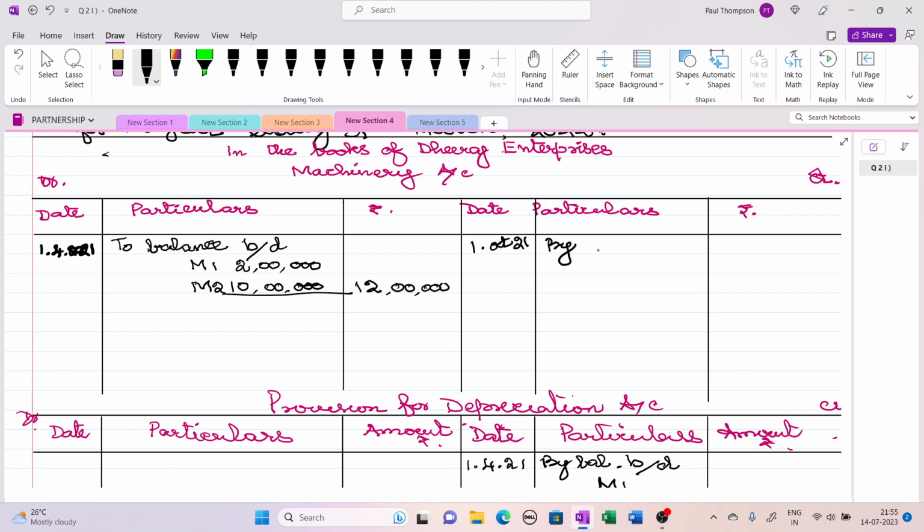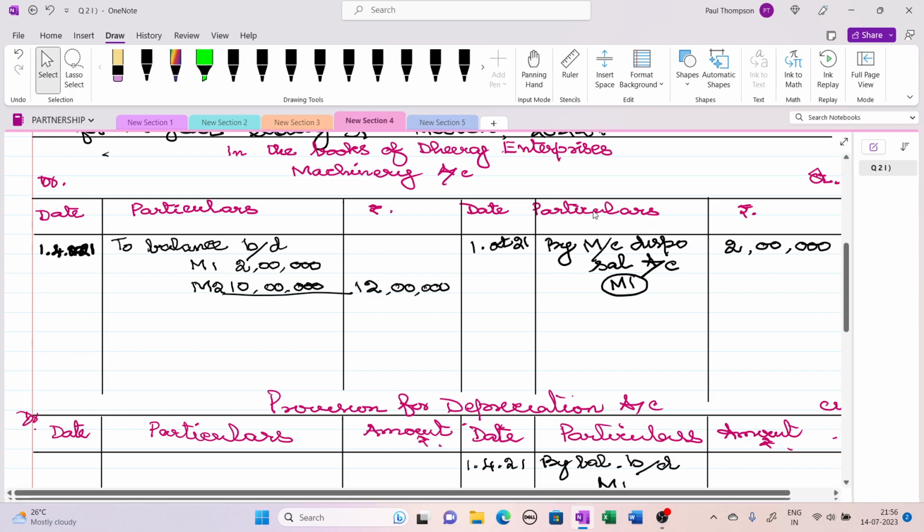That will be transferred to machinery disposal account, because we are going to dispose that machine. This 2 lakh we will be taking out from this. This is machine number 1. So machine number 1 has been taken out.